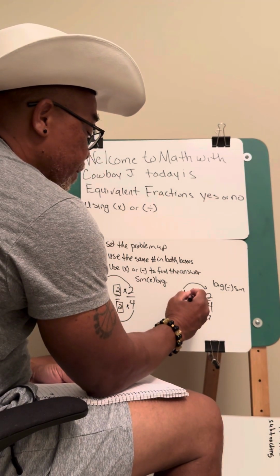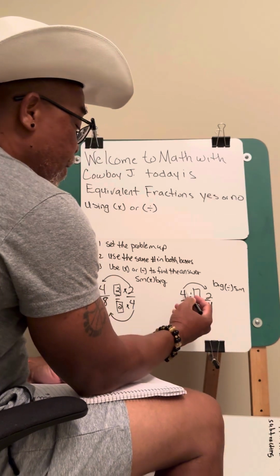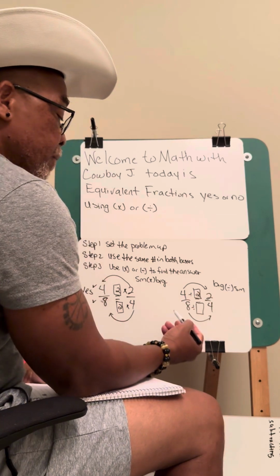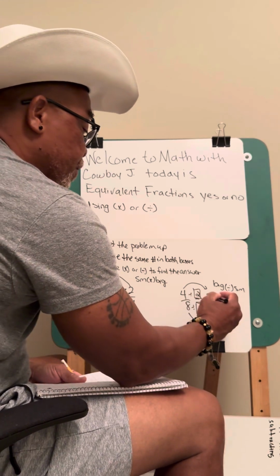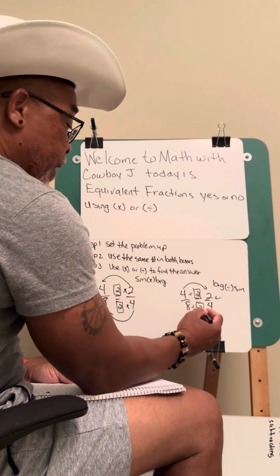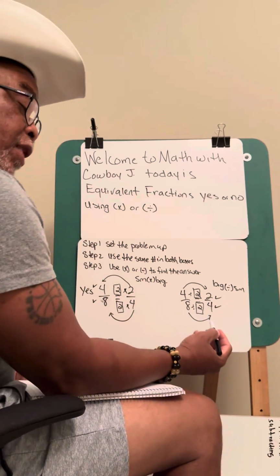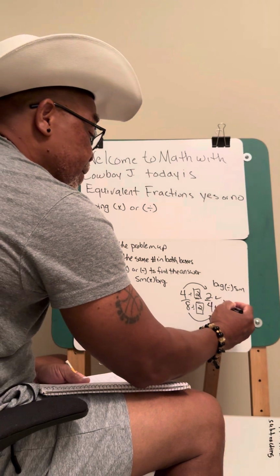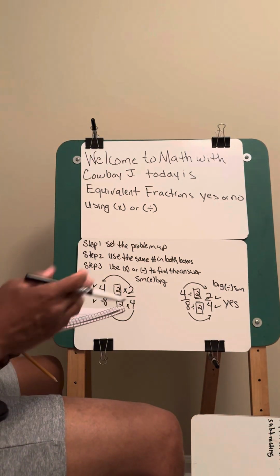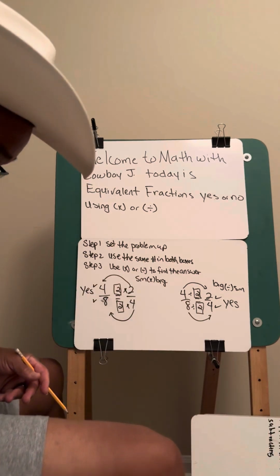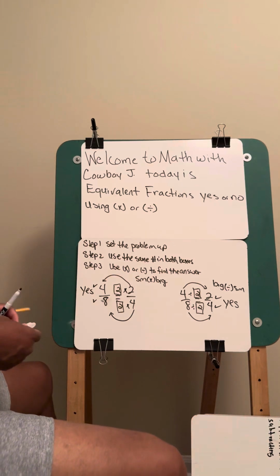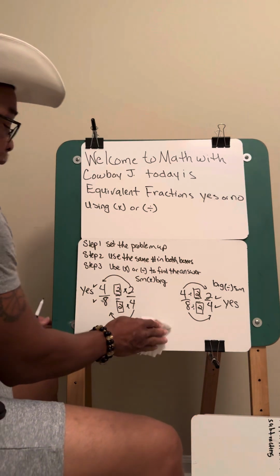So in here, I'm dividing. 4 divided by blank is 2. 2. 4 divided by 2 is 2. Check. Got to use the same number here. 8 divided by 2 is 4. Check. So I got 2 checks. Boom. That's how I know. I put my check marks down. That means I'm good.